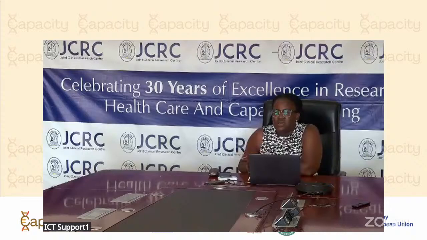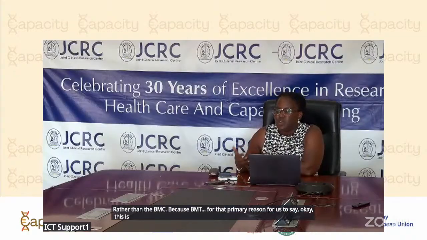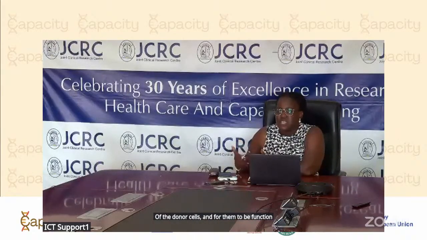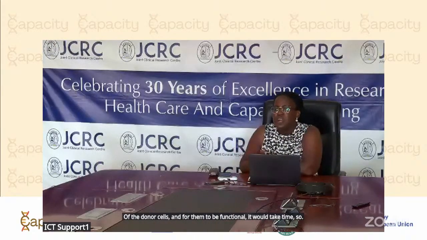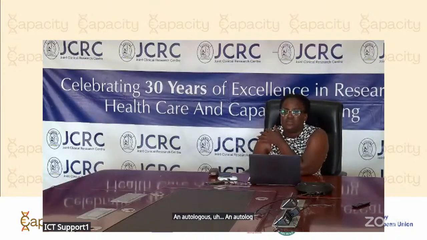Because with BMT, for that chimerism, for us to say, okay, this is good enough engraftment of the donor cells, and for them to be functional, it would take time. So an autologous transplant would be best.